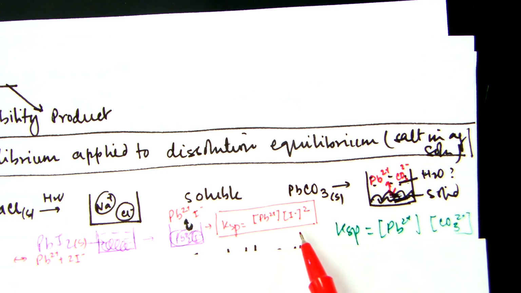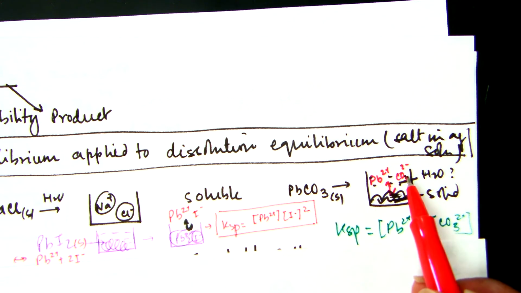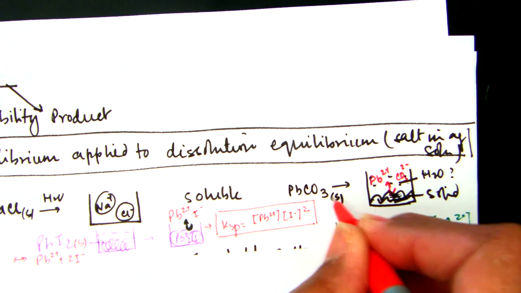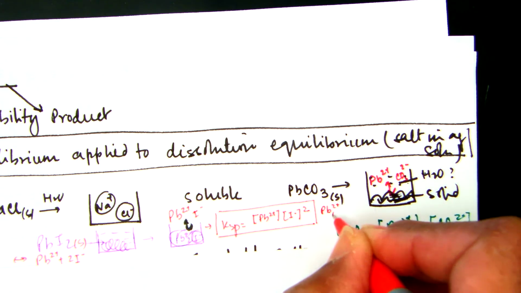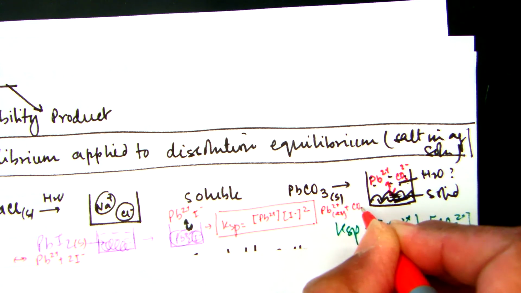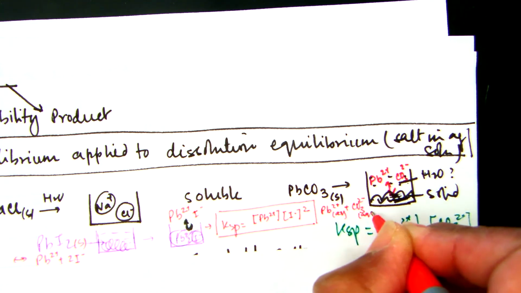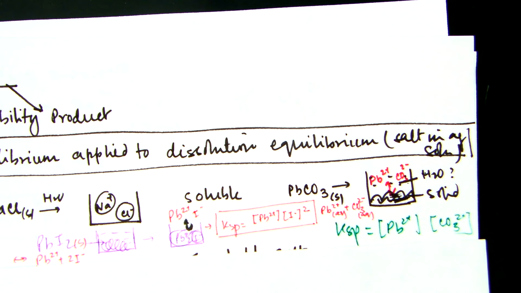It has dissolved as much as can go into solution at that point. Then between the solid and its ions, an equilibrium is established. So here between PbCO3 and Pb2+ and CO3 2-, an equilibrium is established, which is really showing how PbCO3 dissociates into ions. When we write the Ksp expression, it's the molarity of Pb2+ times the molarity of CO3 2-.